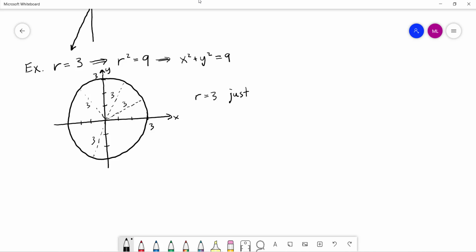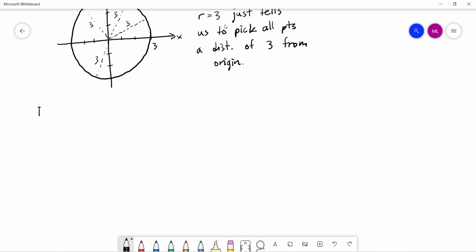So it just tells us to pick all the points a distance of 3 from the origin. So r equals a constant is always going to just give you a circle centered at the origin.